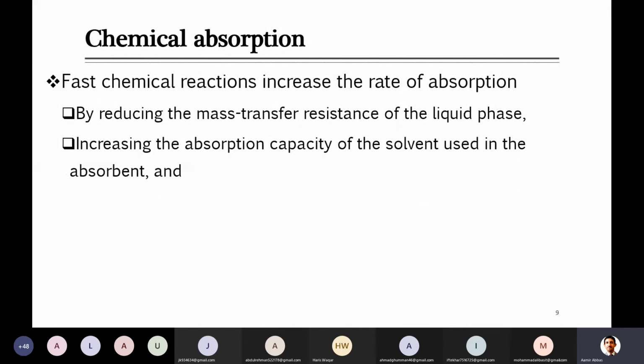It also increases the absorption capacity of the solvent used in the absorbent, because if you are dealing with the physical, those forces are weak. So if something is absorbed, it can be desorbed when conditions change very little. But when there is a reaction, to reverse it, if it is a reversible reaction, you have to provide some harsh condition as compared to a physical system.